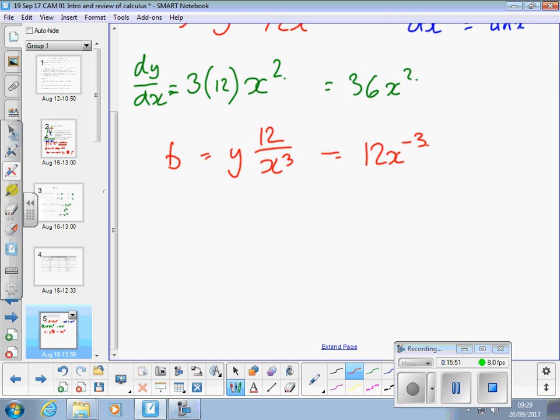Yeah, so dy by dx is equal to minus 3 times 12. So we multiply by the index, and then we take 1 off the index, x to the minus 4. So that's minus 36x to the minus 4. Okay, how could we rewrite that in its original form?